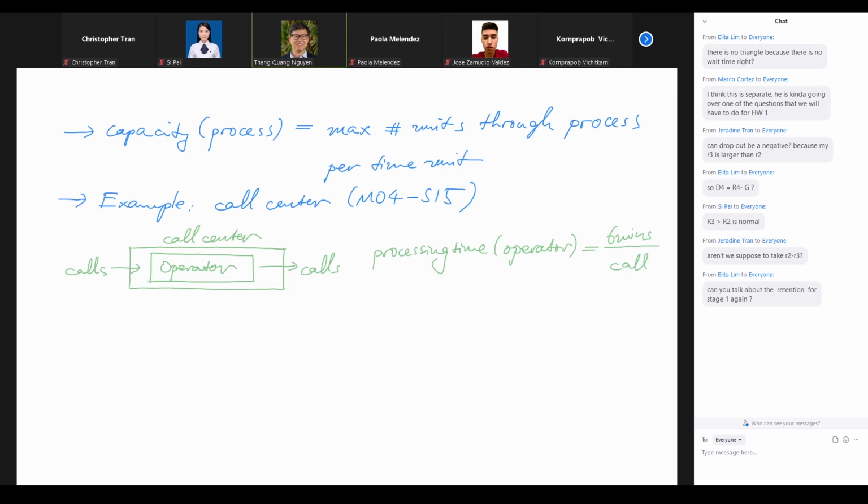Okay, so question number 1. What is the capacity of one operator expressed in calls per hour? So in this case, we know the processing time of that resource, and now our task is to calculate the capacity of that operator.